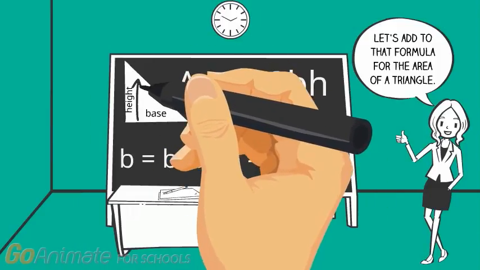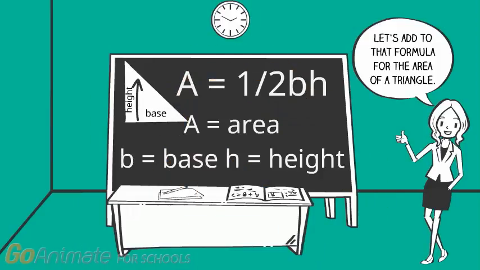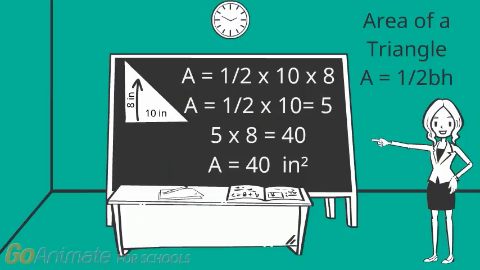Now we will add to our knowledge of the area of a parallelogram. Two identical triangles put together make a parallelogram. Therefore, it makes sense that the formula for the area of a triangle is A equals 1/2 BH, where A is area, B is base, and H is height. In this example, we see a triangle with a base of 10 and a height of 8.